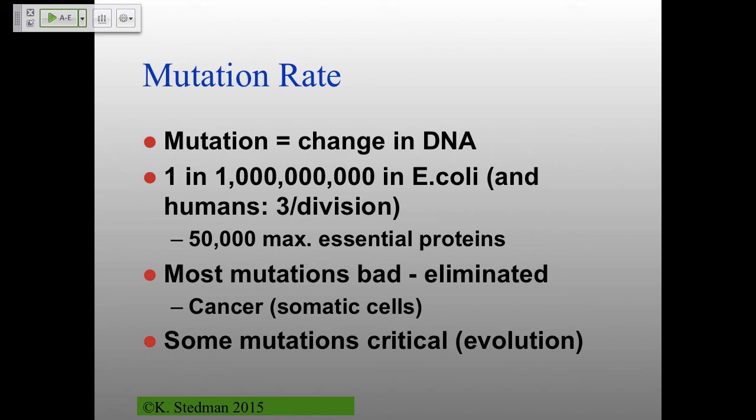And so that means it's past proofreading, it's past mismatch repair. You can do some back-of-the-envelope calculations that any organism, if it's got this mutation rate, and since it seems to be the mutation rate in E. coli, in humans, in archaea, that's probably about where you're at. What it means is you can only have about 50,000 proteins that are essential proteins.